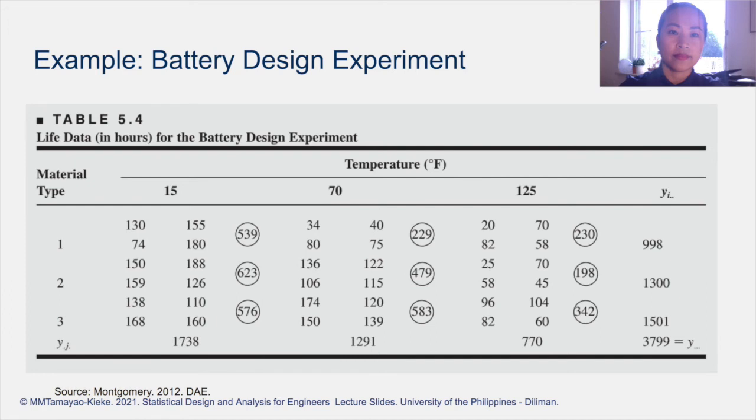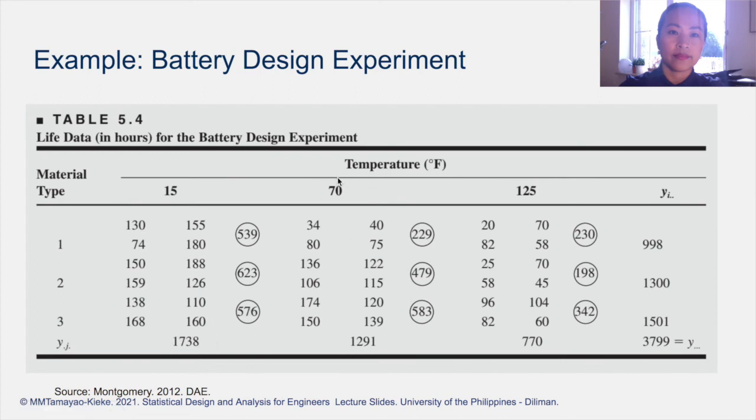And then y dot j dot is just your sum of all the observations under level j for temperature. So here you have 15, 70, and 125 as the levels for your temperature. For 15, the sum of all observations is 1738. For 70, 1291.